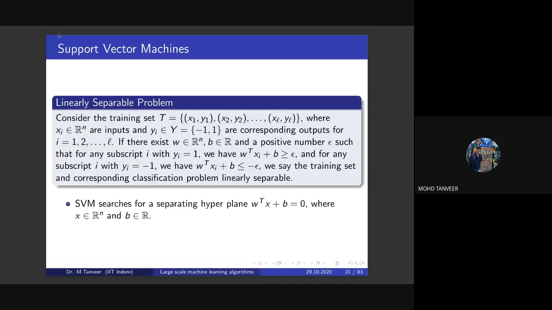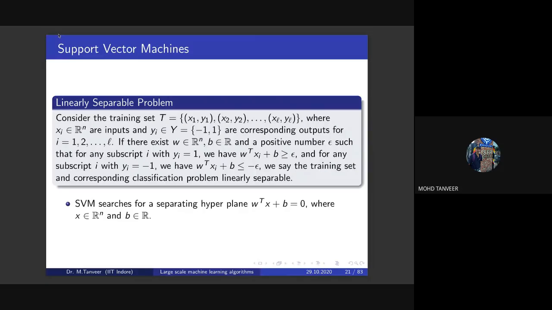Let us consider a training set corresponding to class 1 and -1. Here the xi's are the inputs, and y1, y2, up to yl are the outputs. We are considering a two-class problem, so the output could be -1 or +1.